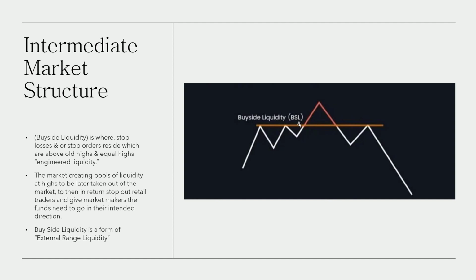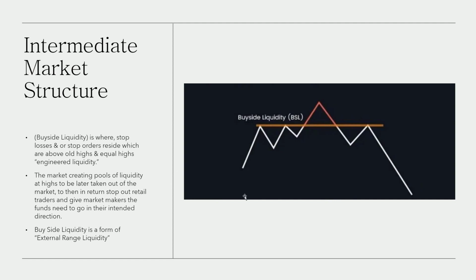Once they short here, they are stopping out people who were going long, and people who were already short. So they're stopping out both sides of the market so that when they enter the trade, they have extra liquid funds inside the market to be pushed lower. So they have whatever money they're putting in on their trade, let's say $10 million, plus whatever retail traders got stopped out, so an extra 1 or 2 million, for example.